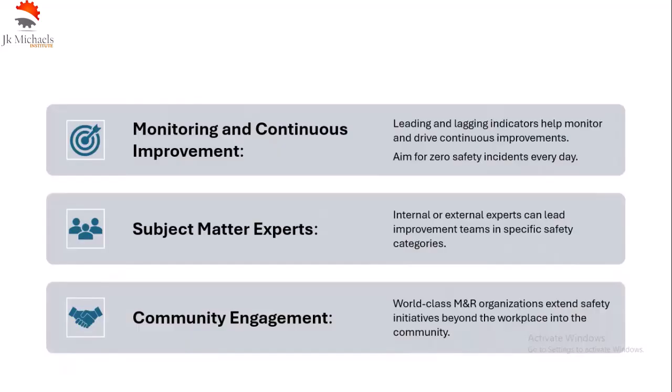But going beyond that, we want to take our initiatives, our trainings, our education, our techniques, our resources out into the communities to help them build a safer community environment for our manufacturing systems.